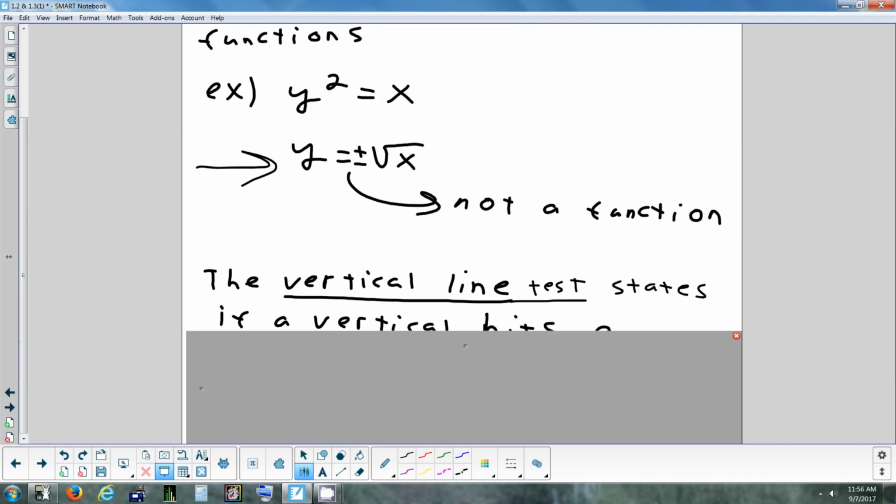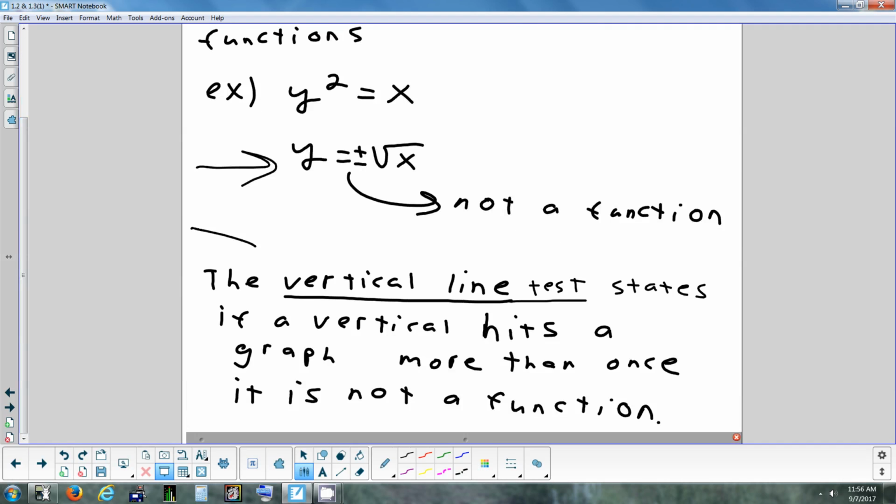This is the part, I mentioned it, but I didn't write it down until now. So the vertical line test says that if you draw a function, and a vertical line only hits it once, then your graph that you drew is a function. If a vertical line hits your picture more than once, it's not a function.